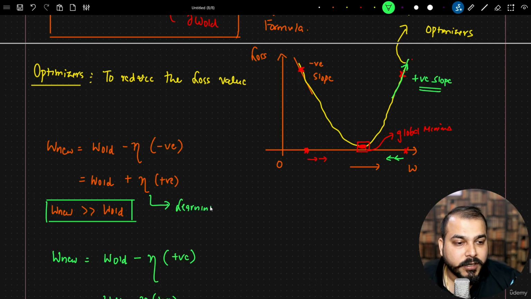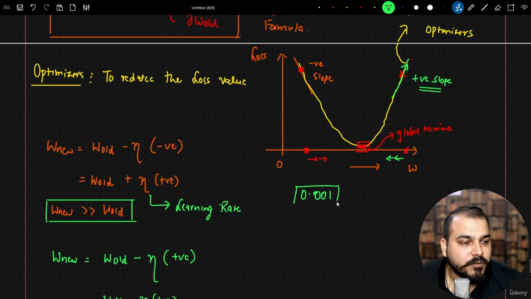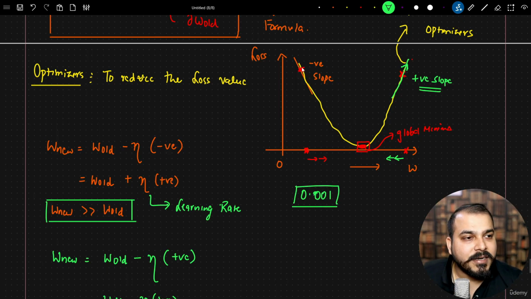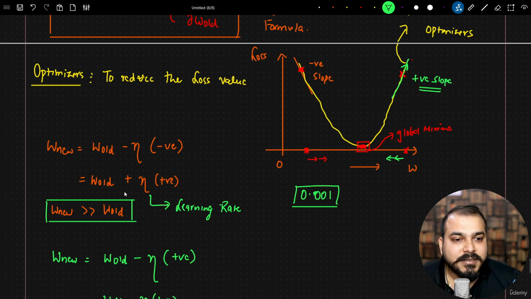What is the importance of learning rate? Let's say I initialize this learning rate to a smaller value, let's say 0.001, and usually we initialize a smaller value. Then what will happen? For this scenario, I will just subtract a smaller value from W old. So for my next point, the weight will get updated to here, right?